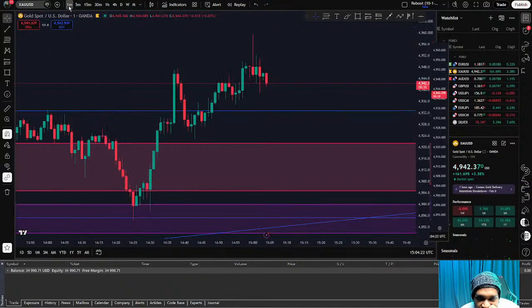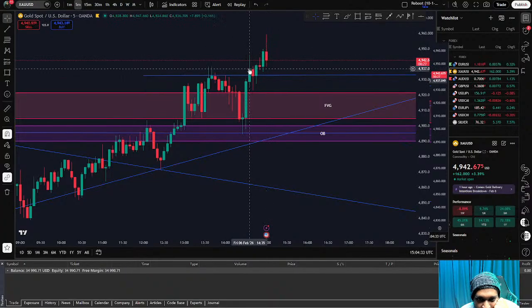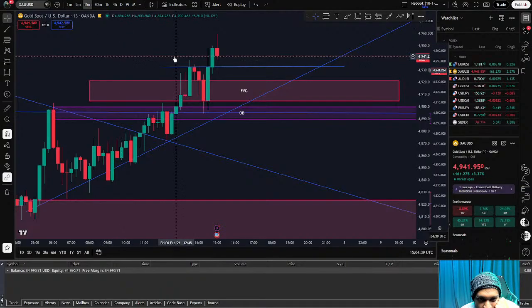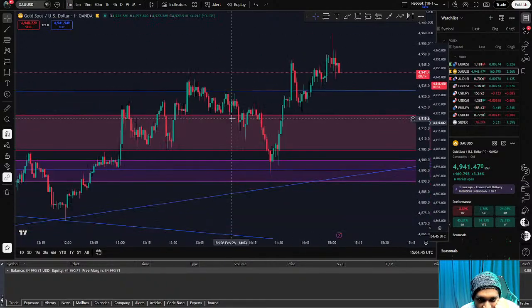Okay, this is M1 rejection in this small area here. But M5, M15 really shows there's a breakout structure here. So whether you want it to come back to touch this breakout zone and continue further up or not, let's look at M15. No, there's none. So just M5 and M1 are reacting towards these two zone areas here.